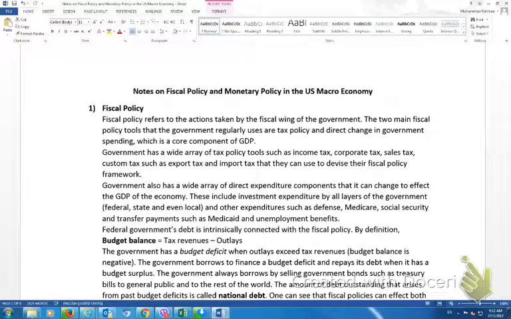Now, when we talk about the tax policies, we know that the government has a wide array of tax policies available at its disposal that it can change and have considerable effect on the macroeconomy.